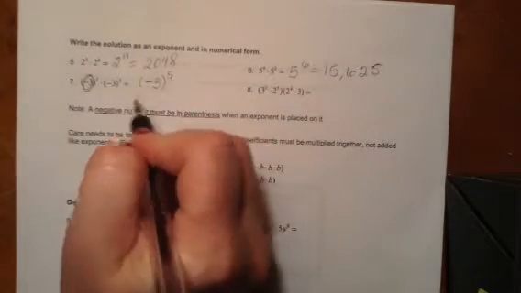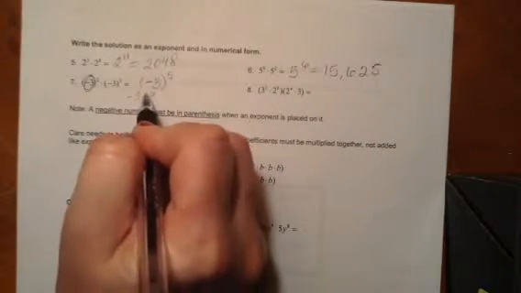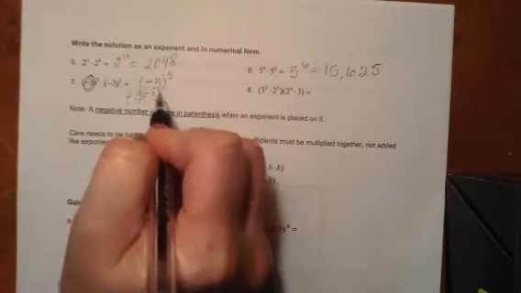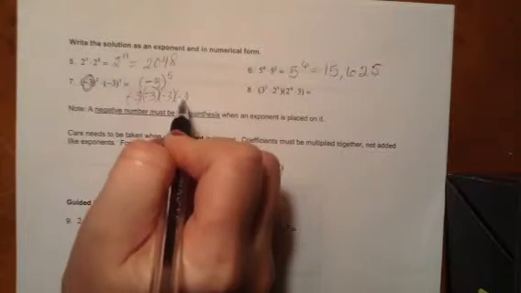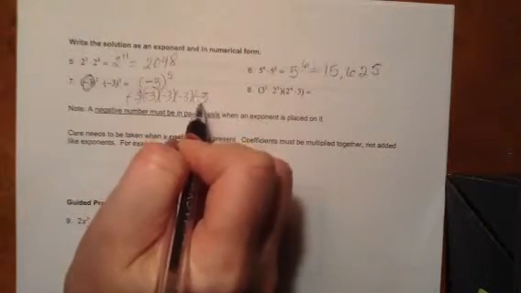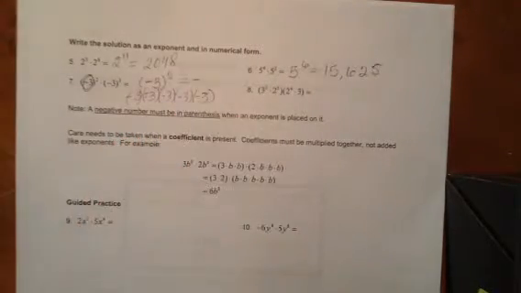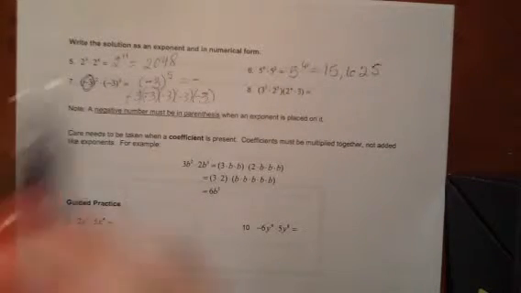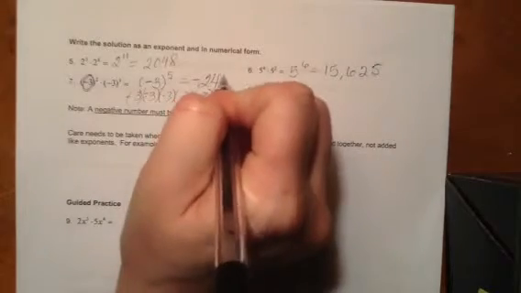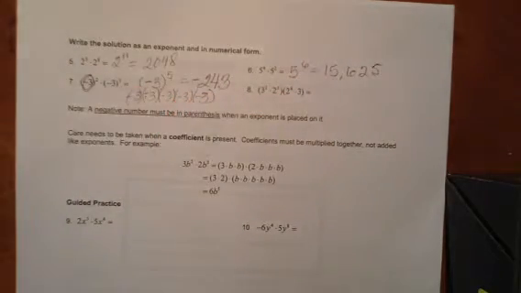So since this is going to be negative 3 multiplied together 5 times, we have 5 negatives, it has to be a negative number. Then we can have 3 times 3, let's see, 27, 81, 243. So we have negative 243.